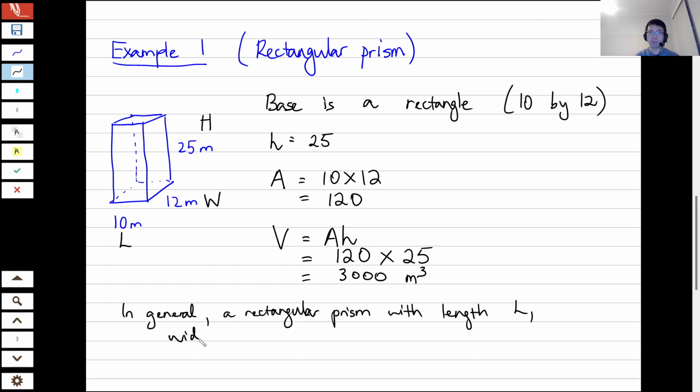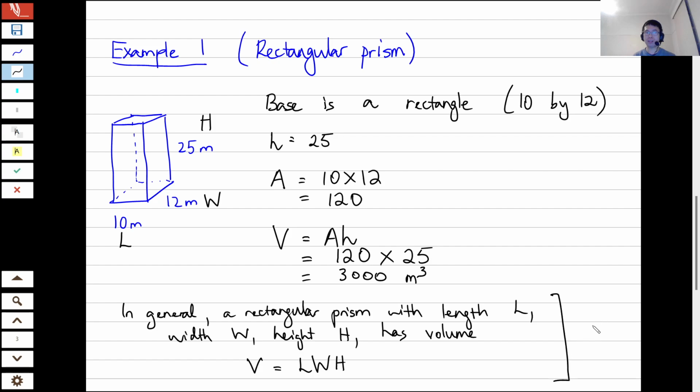Length L, width W, height h, has volume V equals length times width times height. Okay, and this part here, length times width, that's the base at the bottom. So I'm happy for you to use this from now on. You don't have to break it up into height and area, but you can if you want.